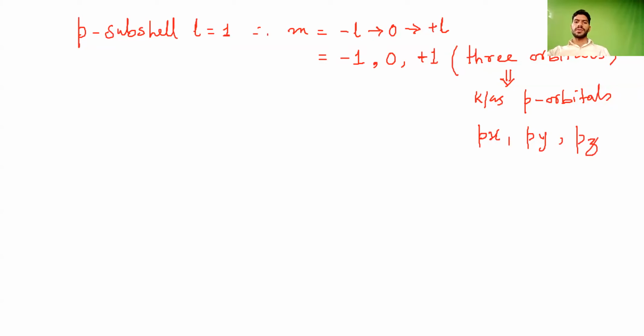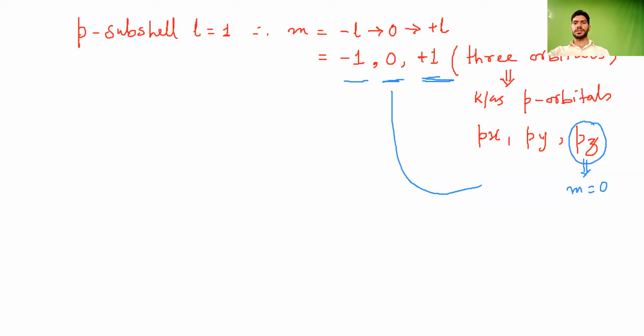Here it is very important to note down that for pz, the m value is taken as 0, because there are 3 values: one is minus 1, another is 0, another is plus 1. But 0 is always for this pz.